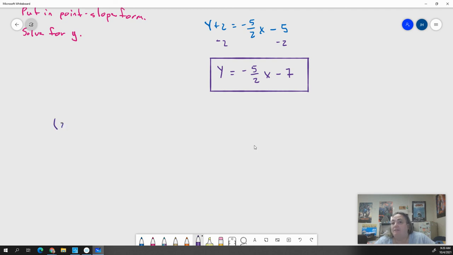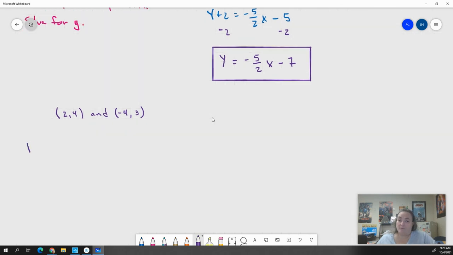Given 2, 4, and negative 4, 3. Right? The first thing I want you to do is find the slope.